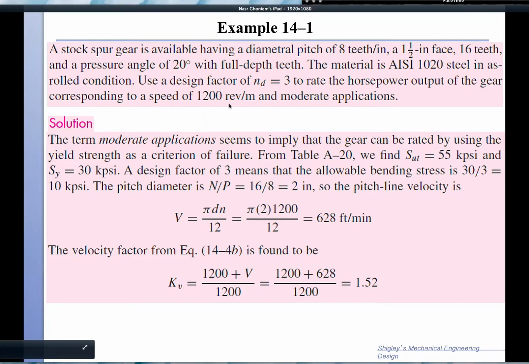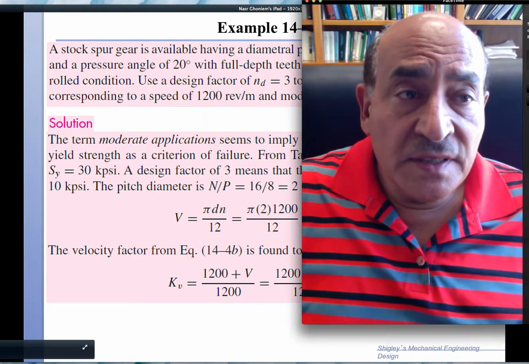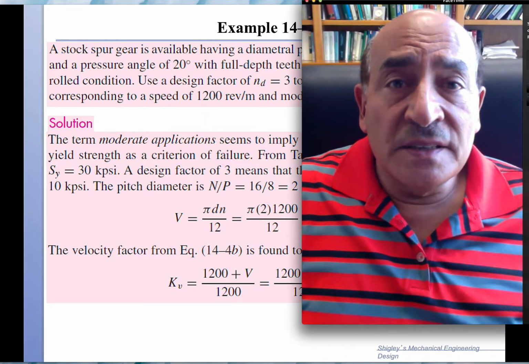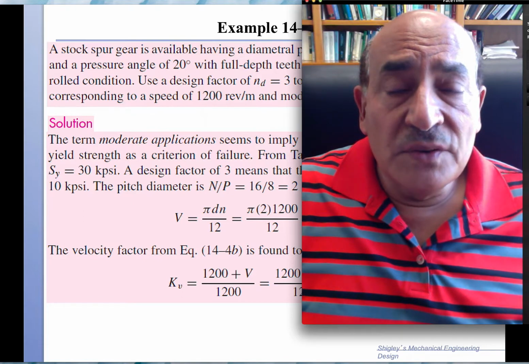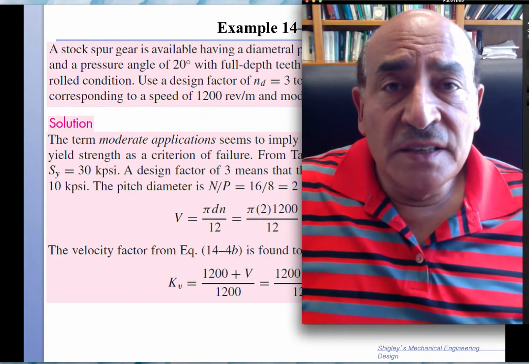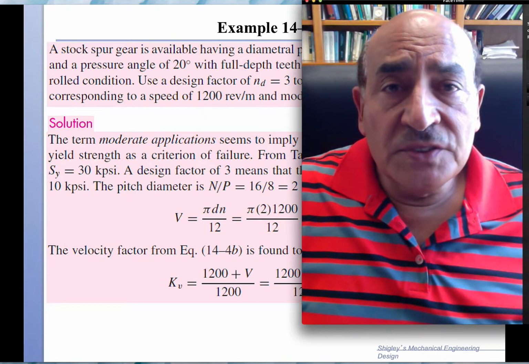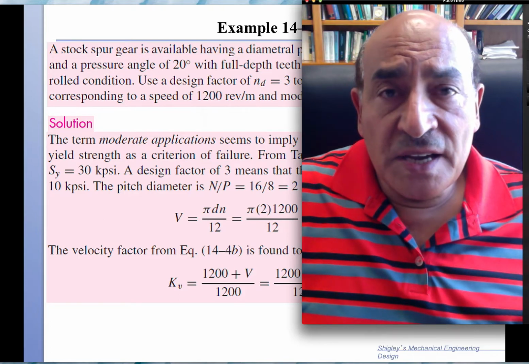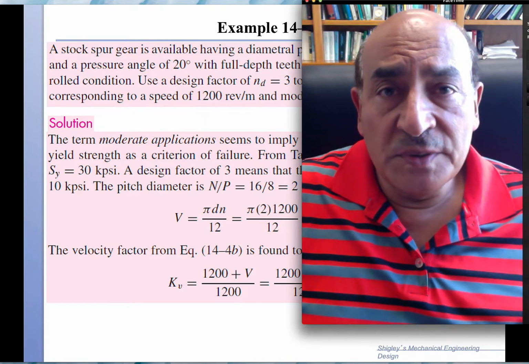So the steps in this process are the following. First, we need to find the pitch line velocity in foot per minute.